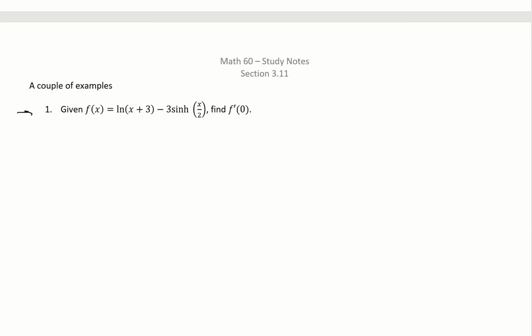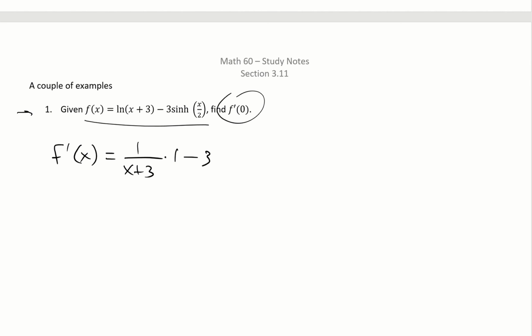All right, so f of x is this function. We're supposed to find f prime of 0. That means find the derivative and plug in 0. Easy peasy. So f prime of x is, natural log means flip it over, times the derivative of x, which is just 1, chain rule, minus, here's some fun, 3.